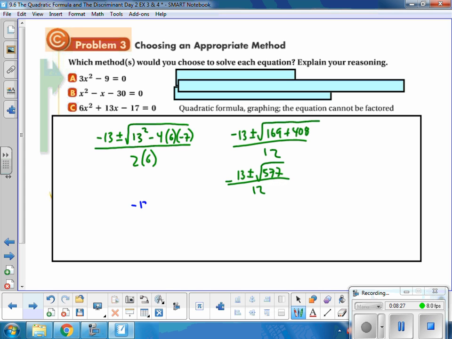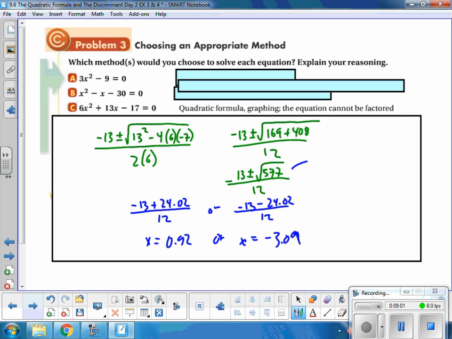So it's negative 13 plus 24.02 over 12, or negative 13 minus 24.02 over 12. And when I simplify that, x equals 0.92 or x equals negative 3.09. All right, so my solutions for this one, which is 2, and I saw that in my discriminant right here, that there's going to be two answers in there, negative 3.09 and 0.92.